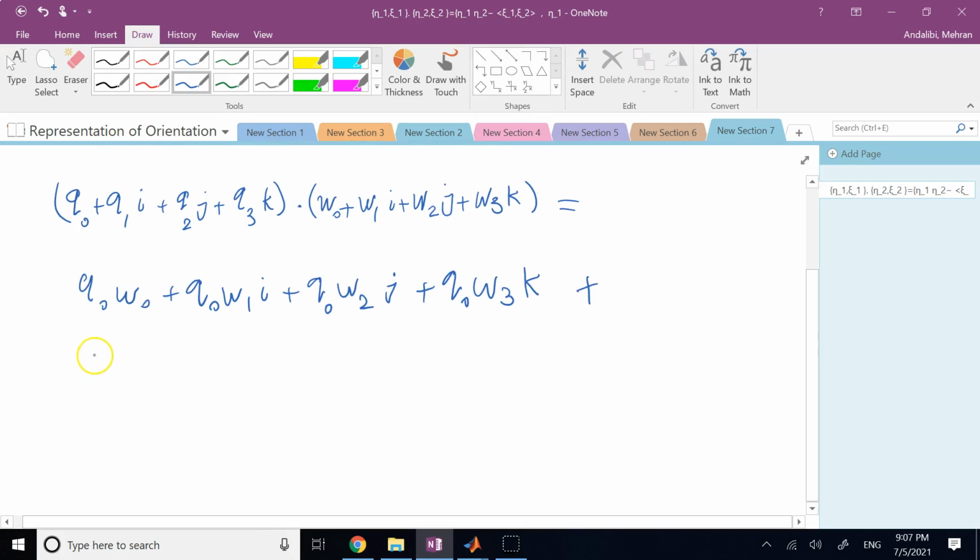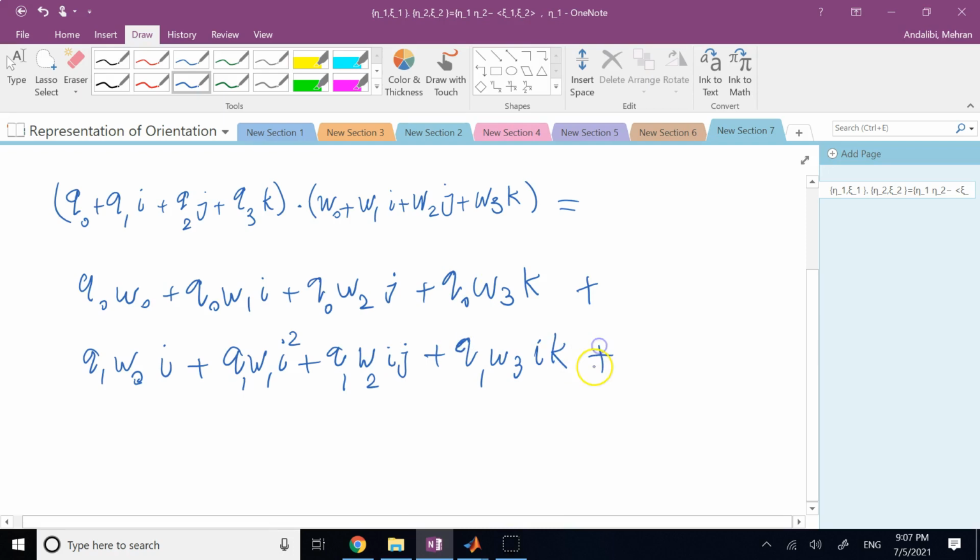Then I go with Q1, so there's going to be Q1 W naught I plus Q1 W1 I squared plus Q1 W2 IJ plus Q1 W3 IK. Plus, now we go with Q2.